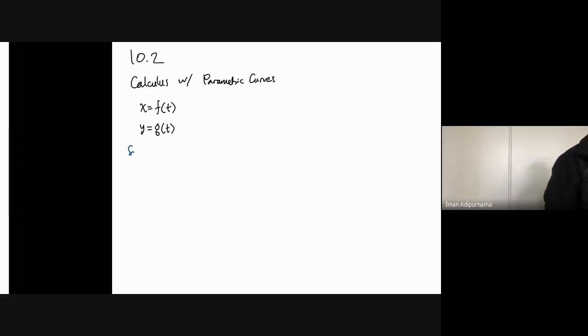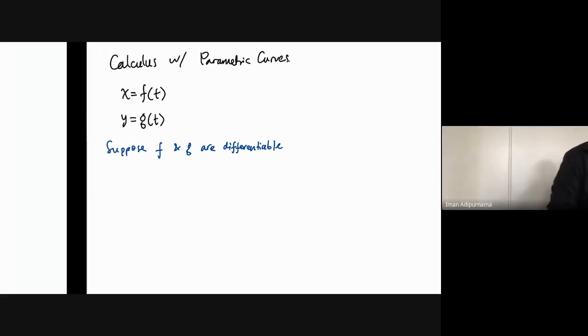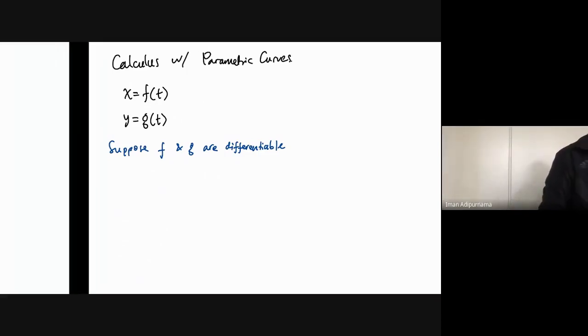Let me write this. Suppose f and g are differentiable. Remember, differentiable, you need to define that by yourself. It's in Calculus 1. I will not repeat what differentiable is. So suppose f and g are differentiable.